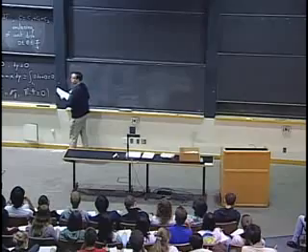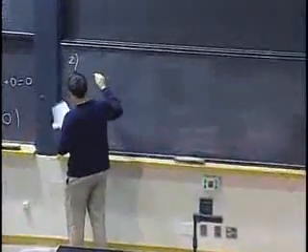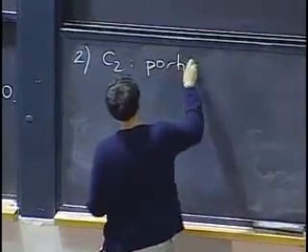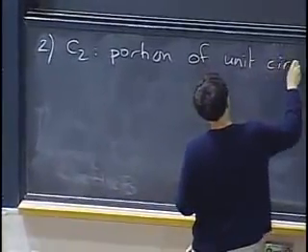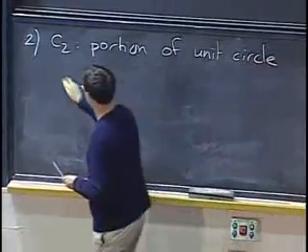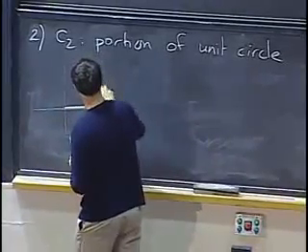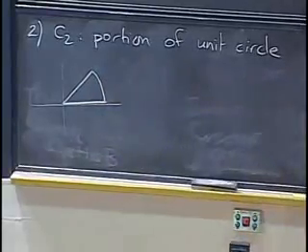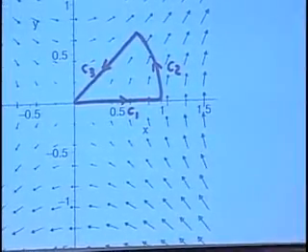Okay, let's move on to a more interesting part of it. Let's do the second part, which is a portion of a unit circle. Maybe I should have drawn my picture. So now we are moving on this part of the curve. That's C2.